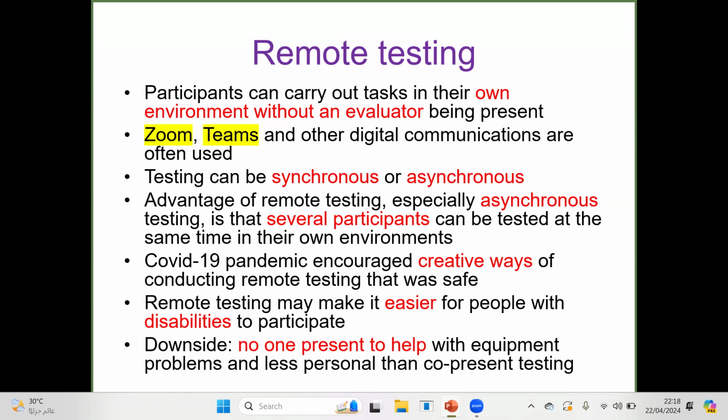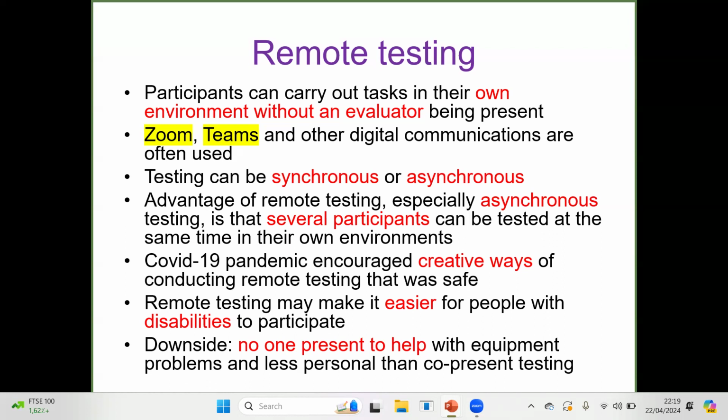But what is the disadvantage? What is the downside of remote testing? No one is present to help with equipment problems if the participant is not very technical. If the participant is a novice or new user and gets any problem managing the equipment, there is no one present to help at that particular time.